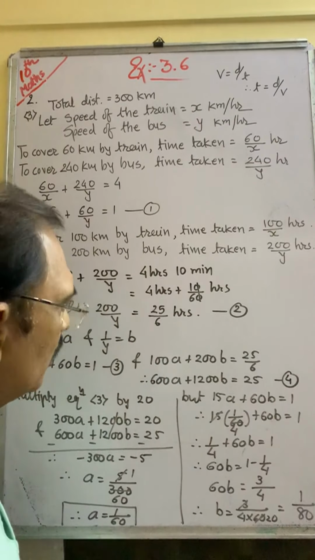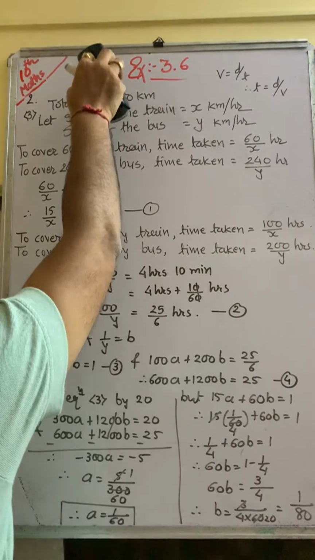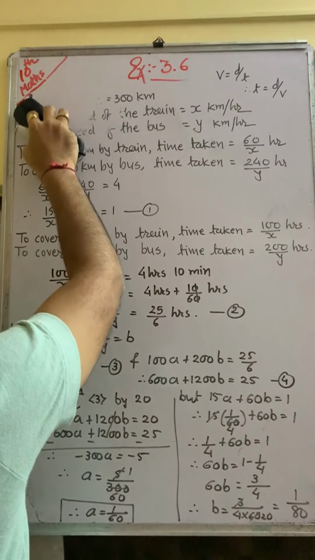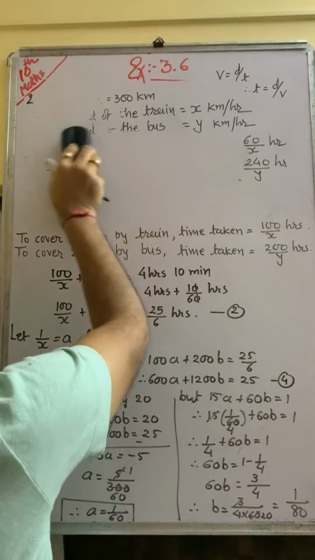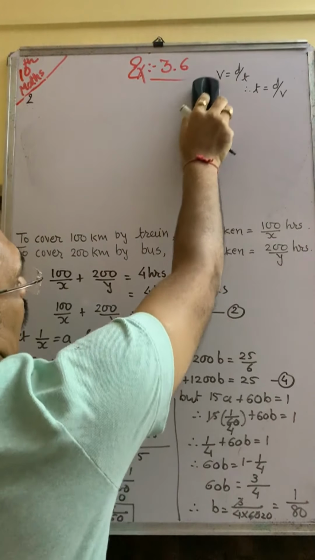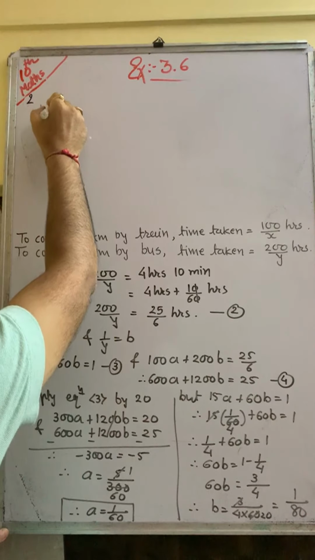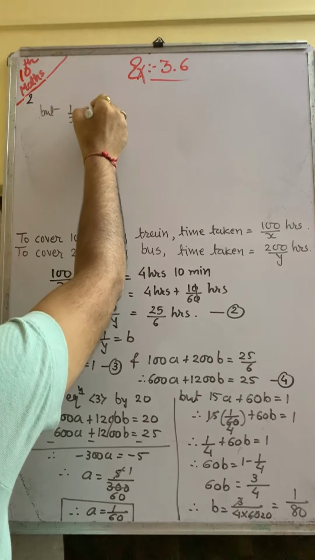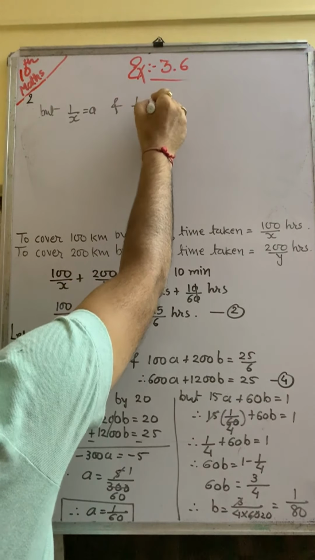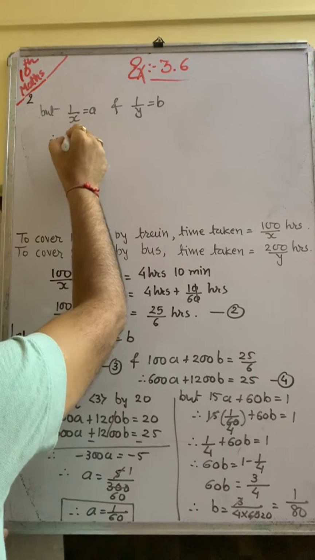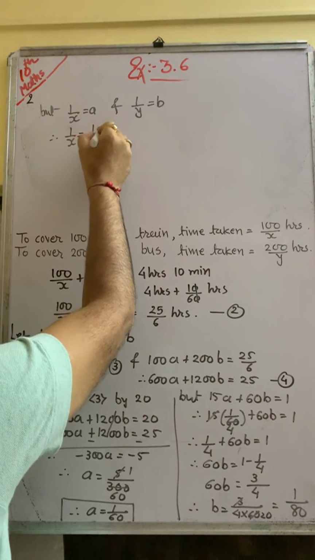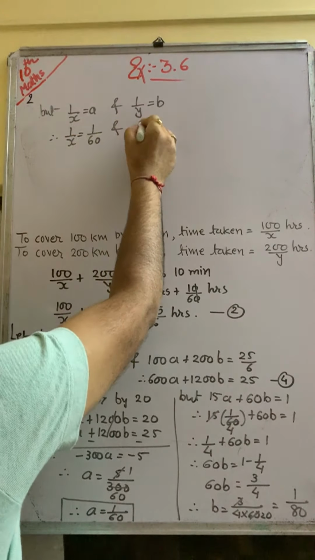Now, your answer is what? Our supposition. But we have 1 upon x equals to a and 1 upon y equals to b. Therefore, 1 upon x equals to a is what? 1 upon 60. And 1 upon y equals to b is what? 1 upon 80.